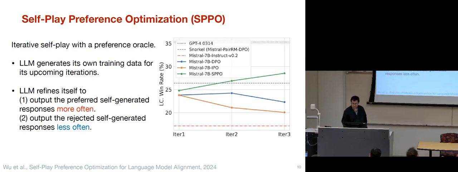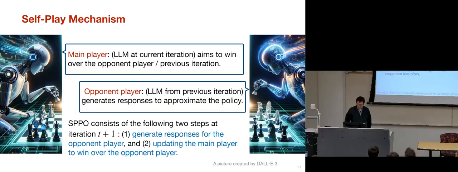By using this idea, you can see on the right-hand side that we are able to improve the win rate of the model compared with the GPT-4 model from, for example, 25% to 28%, more than 3%. Okay, so this is the overview of the algorithm.